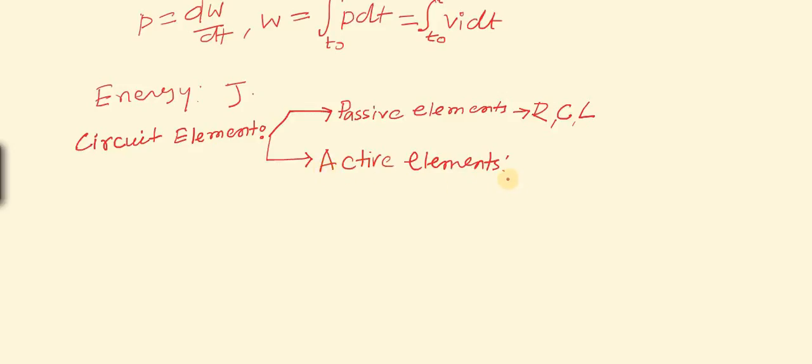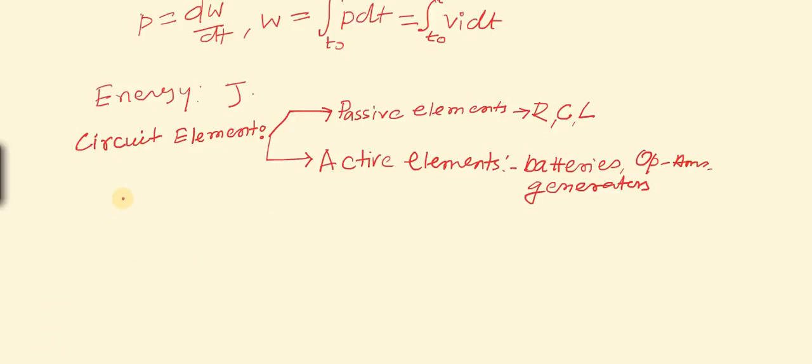All types of energy source are active elements. Examples are batteries, in electronic circuits the op-amp, and also the generator. All these are active elements.